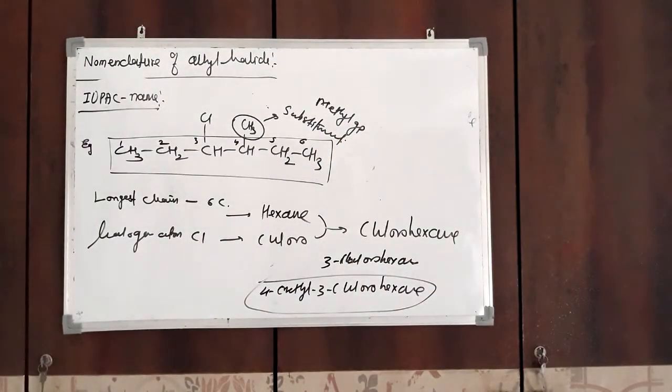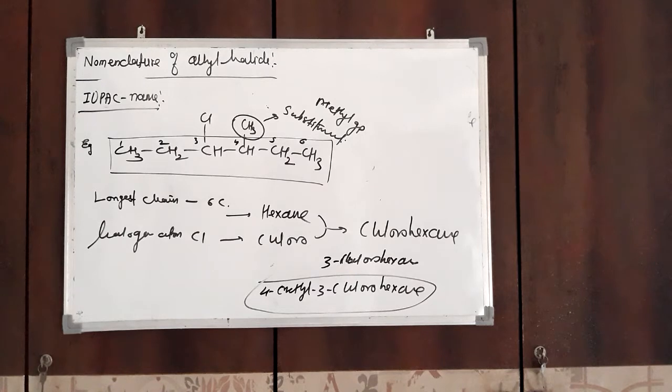So what we have to do? First we have to select the longest chain, which has the attachment with the halogen atom and contains the maximum number of substituents. The number of carbon atoms in the longest chain gives the parent alkane. Then identify the halogen atom: if chlorine, chloro; if bromine, bromo; iodo; fluoro. In this example chlorine is present, therefore chlorohexane.